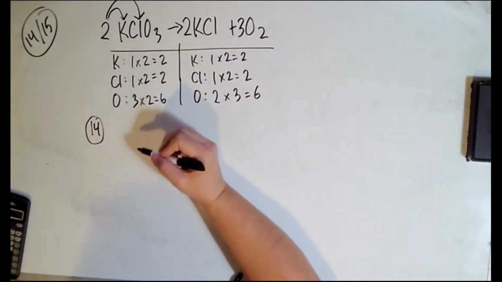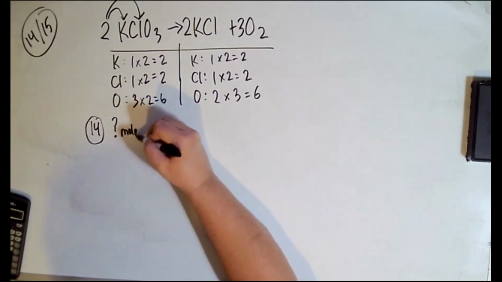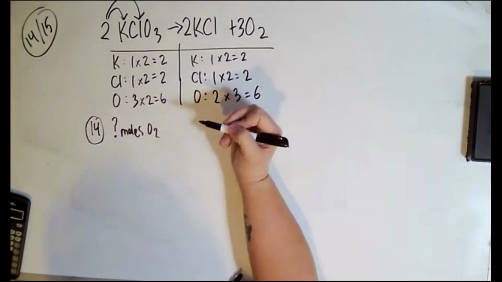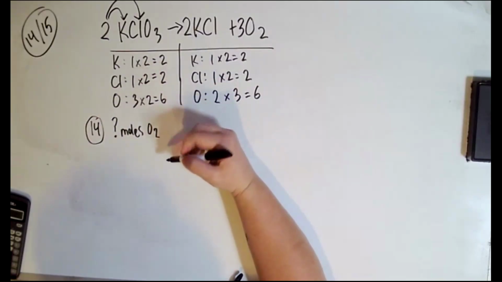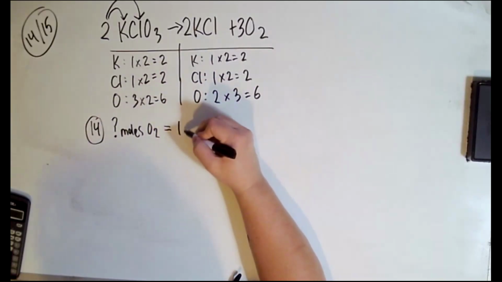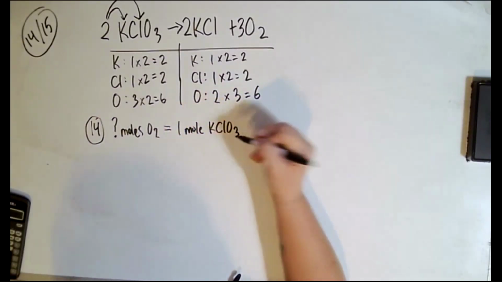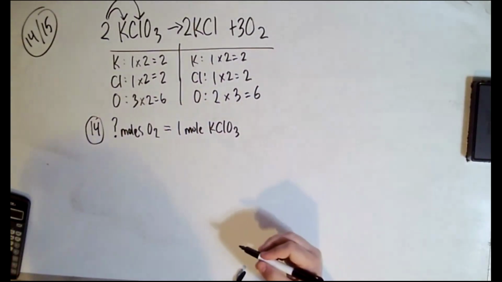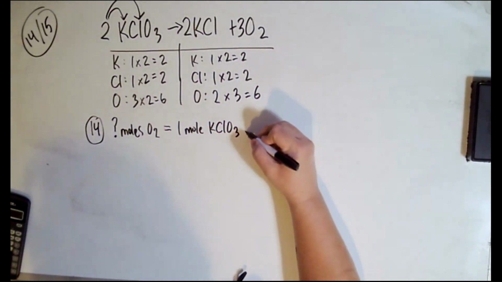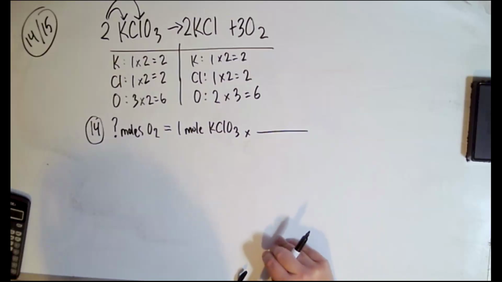Number 14 asked, how many moles of oxygen can be produced from 1 mole of KClO3? So how many moles of oxygen are going to be in 1 mole of KClO3? And so what we're going to do is set up an equality that we can use in our conversion factor.